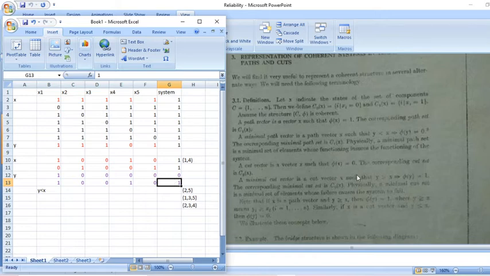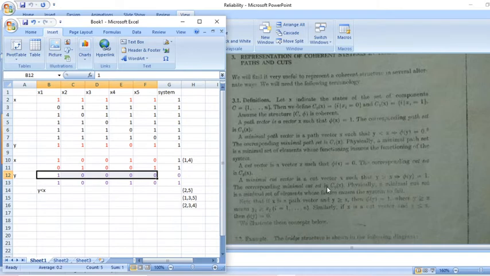Here it is defined: a minimal cut vector is a cut vector x such that y greater than x implies phi of y equals 1. This vector is greater than that one because one of the components is more than the corresponding component.